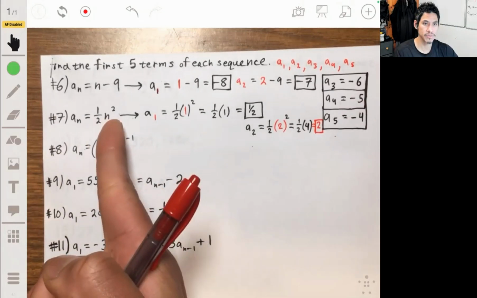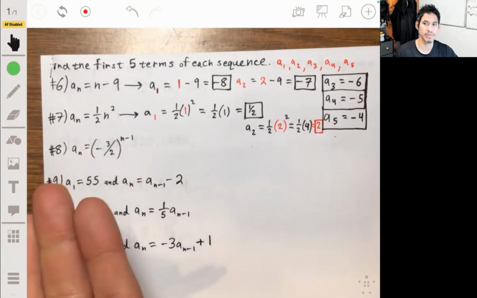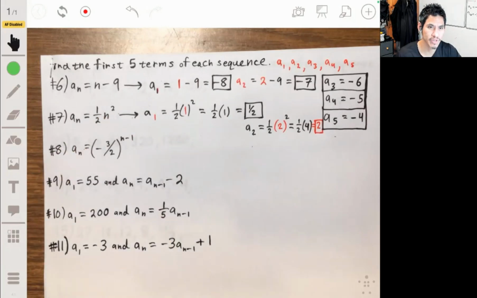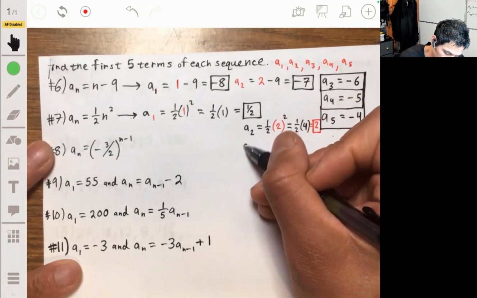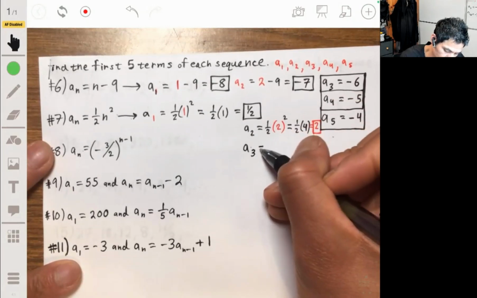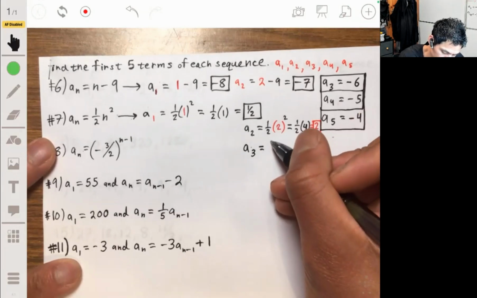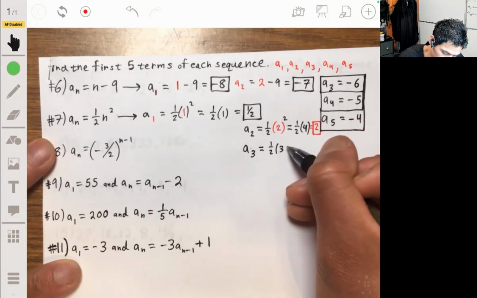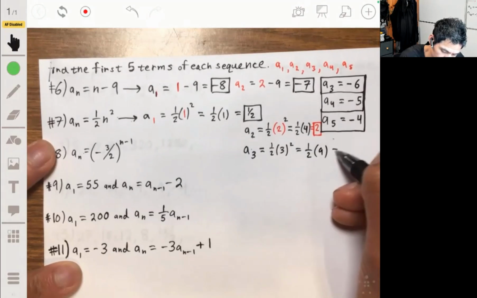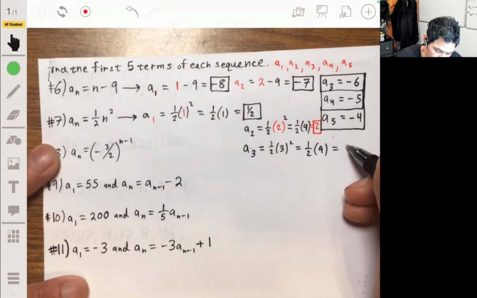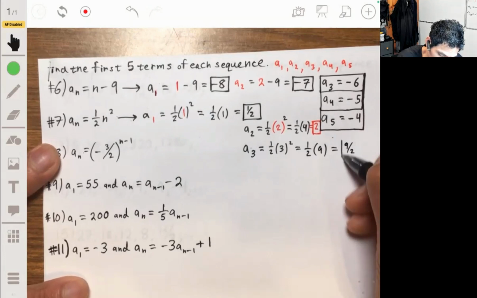A3 will be 1/2 times 3 squared, A4 will be 1/2 times 4 squared, and A5 will be 1/2 times 5 squared. So let me crank them out right here. A3, 1/2 times 3 squared, so 1/2 times 9, so 9/2.